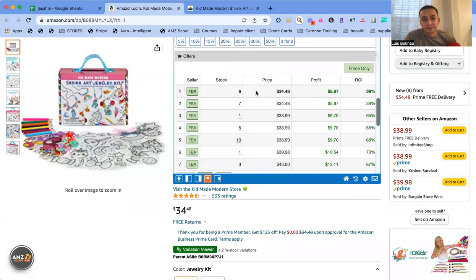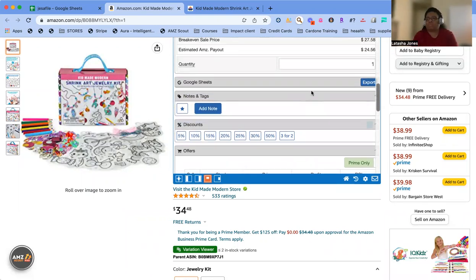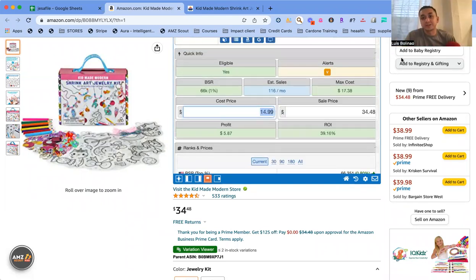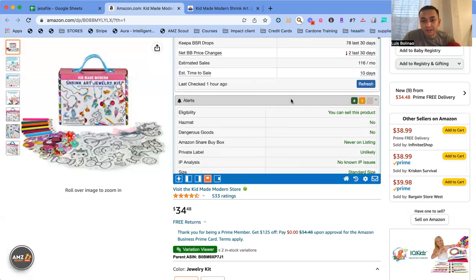This person is selling at 34, and the rest are like 39 bucks or higher. So at 34 bucks you're getting this much ROI, and at 39 bucks you're getting this much ROI. To me, this is good. I think it's a good product to buy.